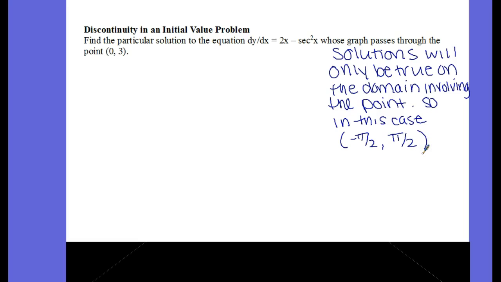So our solution will only be true from negative pi halves to pi halves, because we know secant has repetitive asymptotes between them. We can only look at the interval from one asymptote to the next. We can't really compare anything around it otherwise.